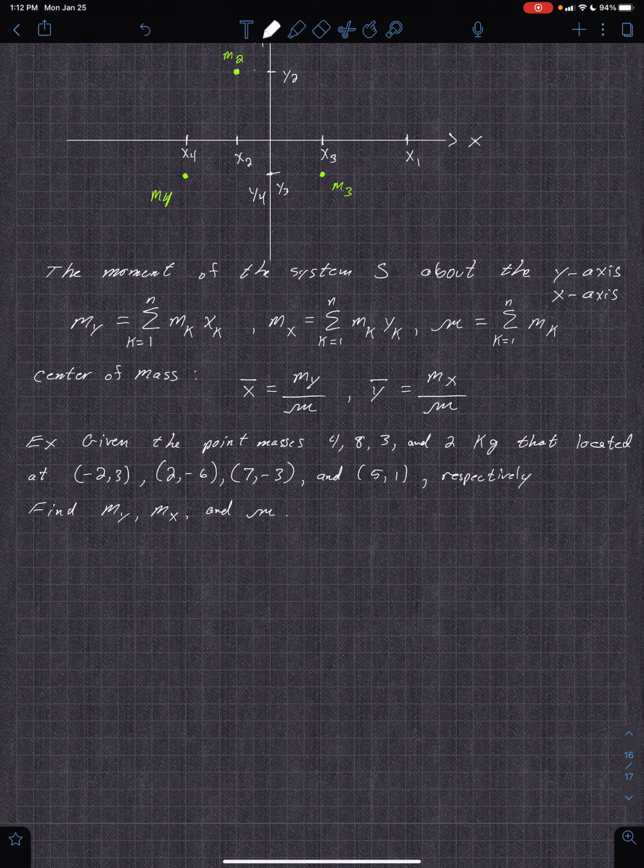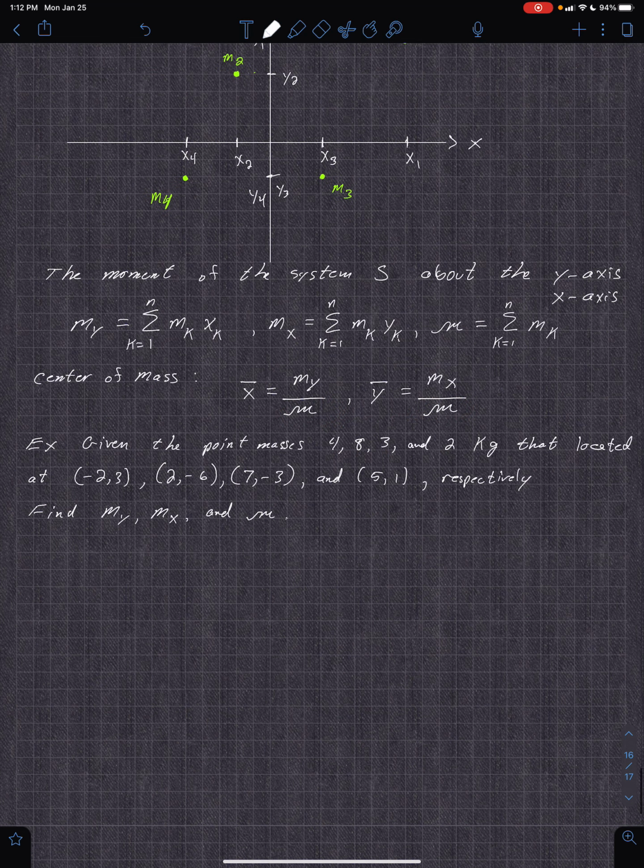You see that the denominator will always be the same because it's the sum of the masses, just 4 plus 8 plus 3 plus 2. So let's calculate, and then from there we'll be able to calculate x bar, y bar, which is the center of mass.